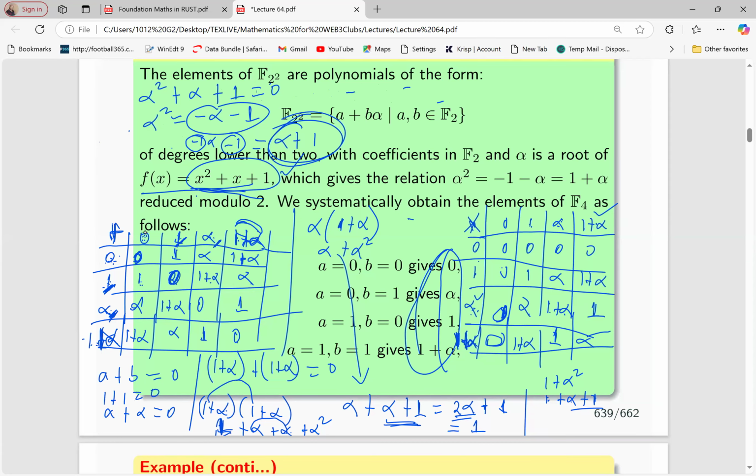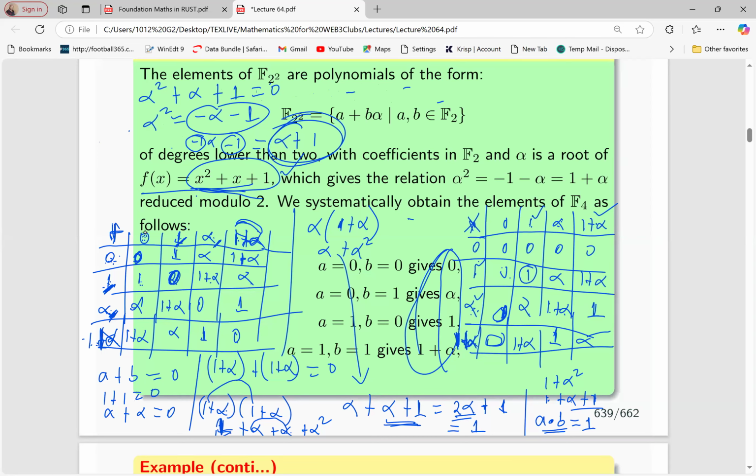When you look at this, under multiplication, the identity element is 1. So the inverse of an element A under multiplication is B if their product is the identity 1. What that tells us is that the inverse of 1 is 1, because their product gives us the identity.